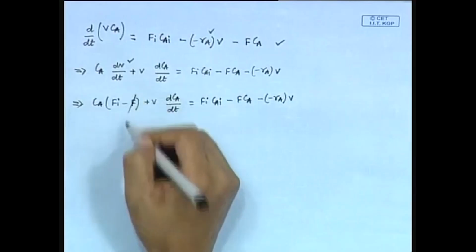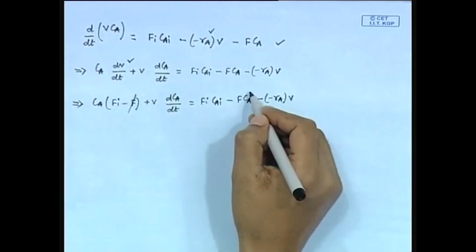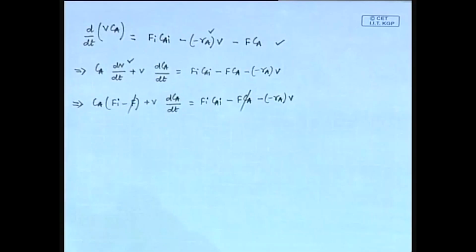Now, this F multiplied by Ca and this F Ca will be cancelled out.